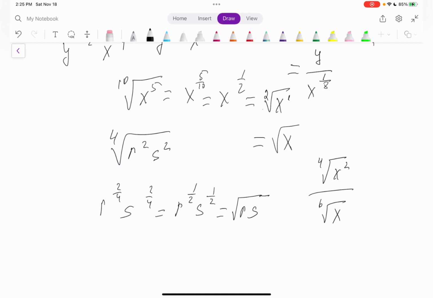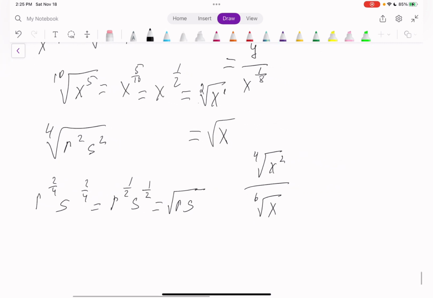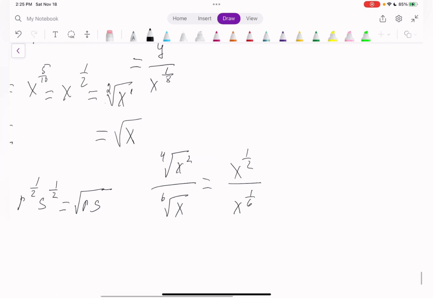We can't do anything because the radicals are different. Therefore, we need to simplify first. This is going to be x to power 2 over 4, right? Which I'm cleaning. It's going to be 1/2. I reduced by 2. And here it's going to be 1 over 6, which is going to be equal x to power 1/2 minus 1/6.